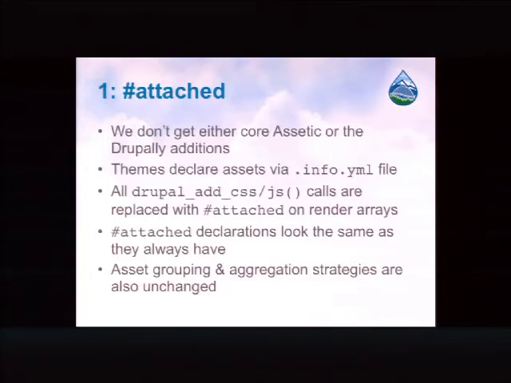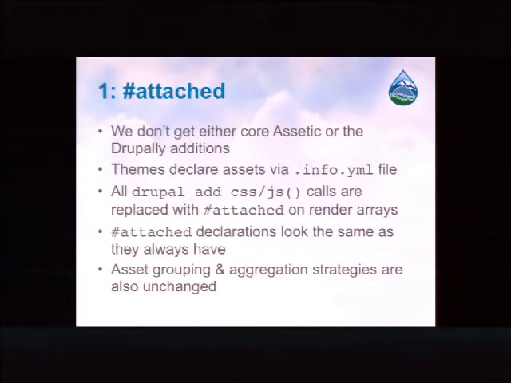I'm not really sure how we would do that if we don't have it as part of the base system. But themes are still declaring their assets via .info and now .info.yaml file. Everywhere that we call Drupal add CSS or JS, that ends up being replaced with attached on a render array. But attached declarations look the same as they always have.